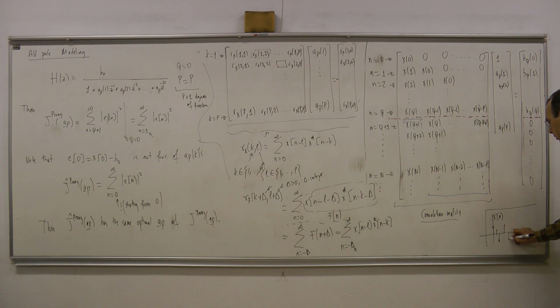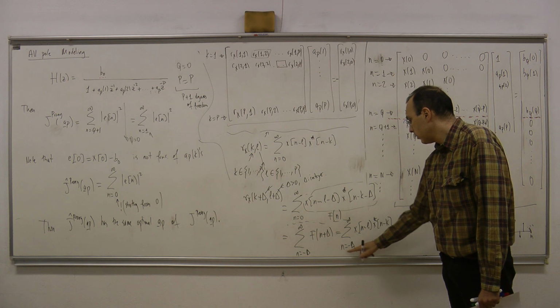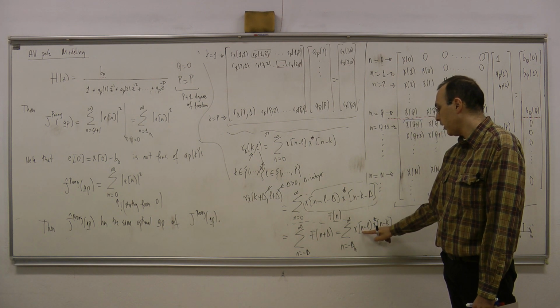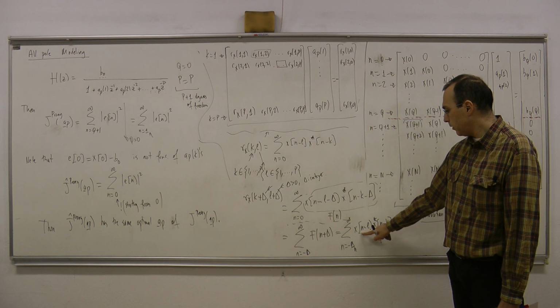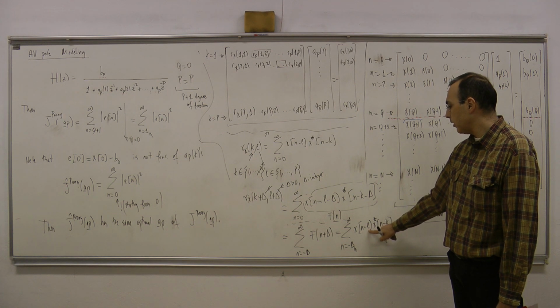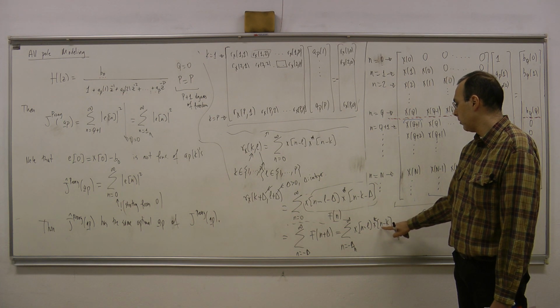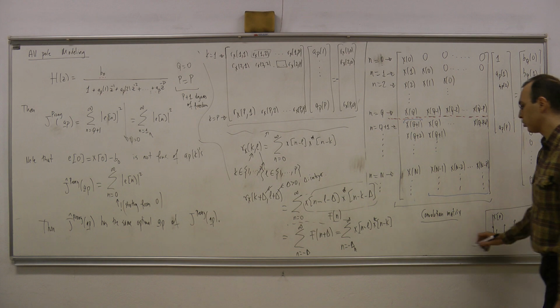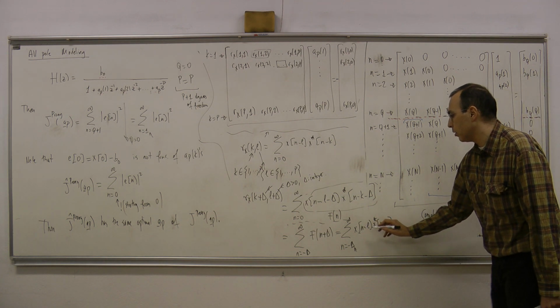This is still the same problem. But for negative n indices, x of n is equal to 0. So for example, n is equal to minus delta, this is a negative number. Minus L is a negative number. So this is 0, because the argument of this is equal to 0.